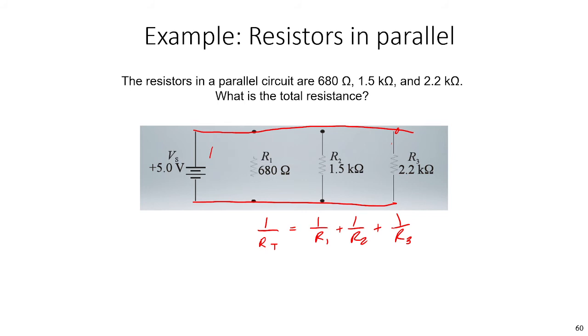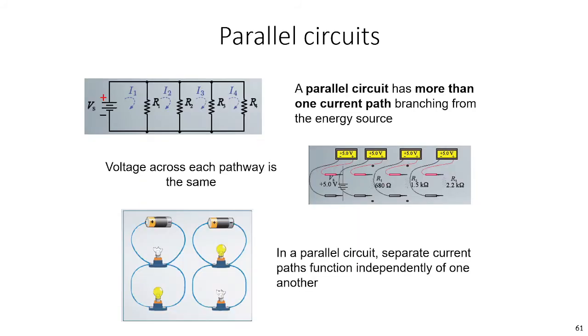This is the property of resistors in parallel. And the current flow in each resistor is not the same, right? And the voltage across each resistor is the same here, right?